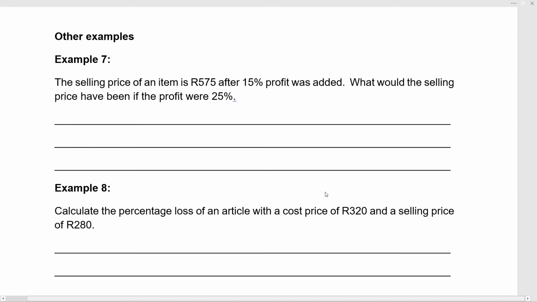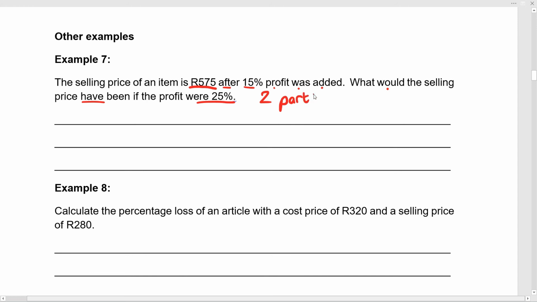Okay, so here we have the selling price of an item is 575 Rand after 15% profit was added. What would the selling price have been if the profit was instead 25%? This question is going to have two parts to it.